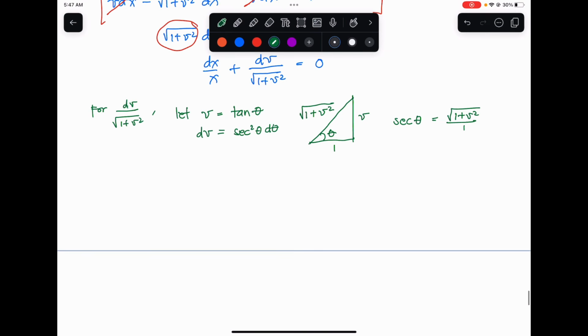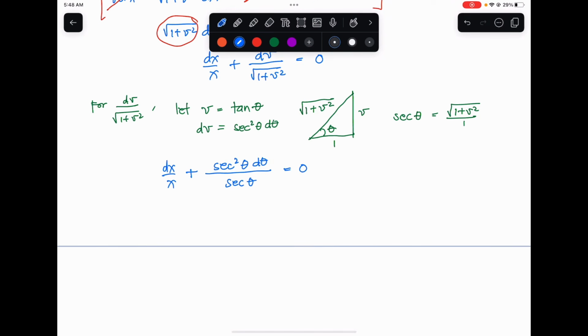Okay, so we substitute. So dx over x, and dv, we change dv into secant squared theta d theta all over the square root of 1 plus v squared, which is secant theta.